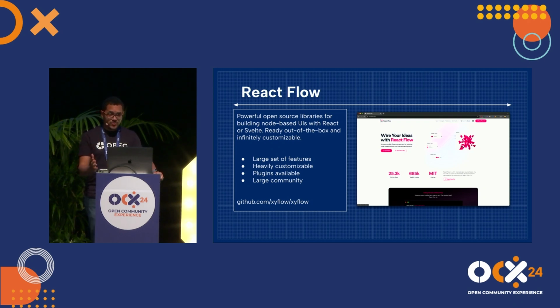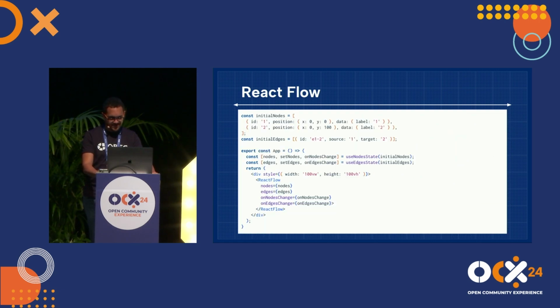It provides tons of features out of the box. You can customize everything. There's a couple of plugins available to have some features for free. And there's an extensive documentation and a very large community. You can find tons of examples out there. So it was really interesting for us.